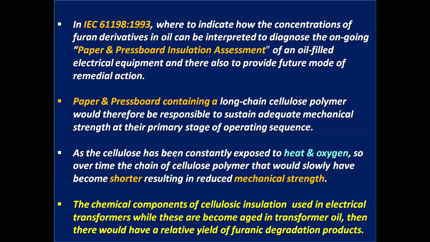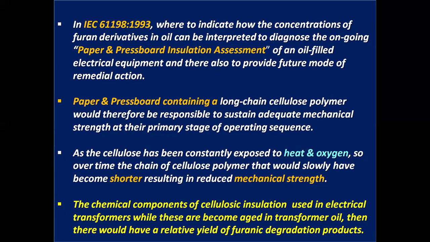Paper and pressboard containing a long chain cellulose polymer would therefore be responsible to sustain adequate mechanical strength at their primary stage of operating sequence.